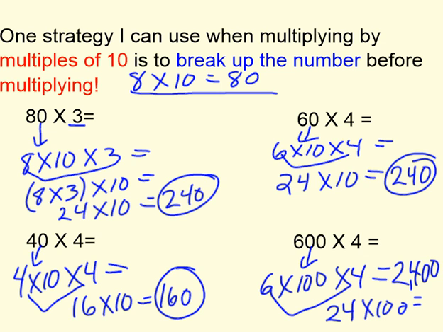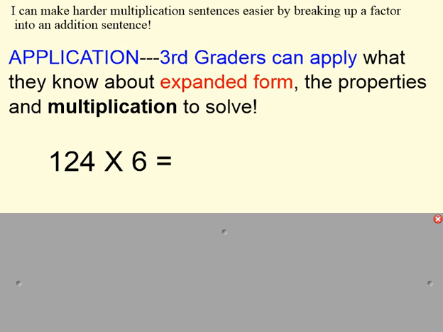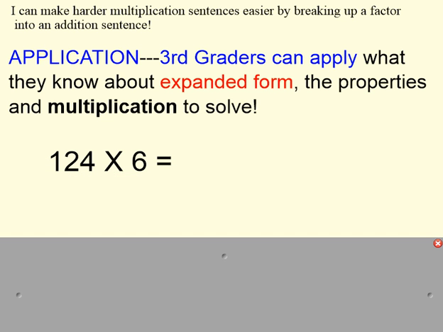So then the third graders learned how to apply all of their learning and piece it together. Third graders can apply what they know about expanded form, about the properties, and about multiplication to help them solve. So if they have a problem like 124 times 6, there are many different strategies to solve.